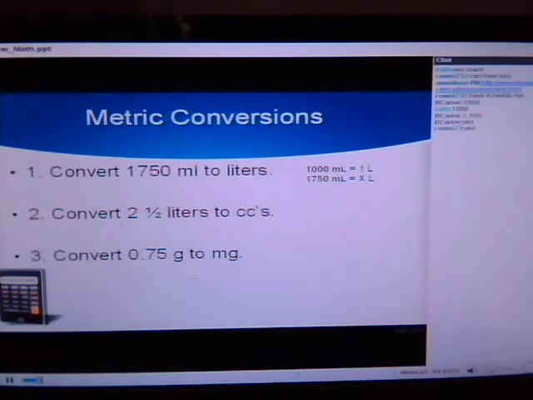What I'm looking for is the X factor. The way I figure this out is, I multiply diagonally and divide by the X. So I take 1,750 times 1, multiply diagonally, and divide by the X. This works for everything.